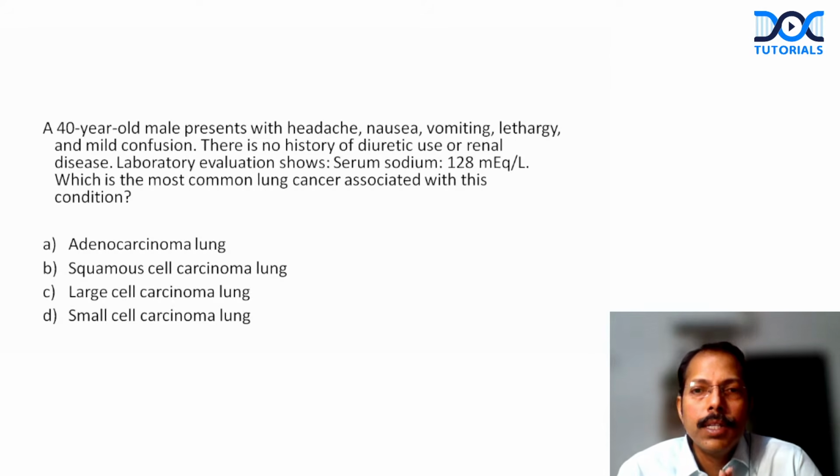Every year a question will be asked from paraneoplastic syndromes, and again this year. Last year a question came from hypokalemia, I guess, and this year hyponatremia. So which is the most common lung cancer causing a hyponatremia-like condition with symptoms like this?